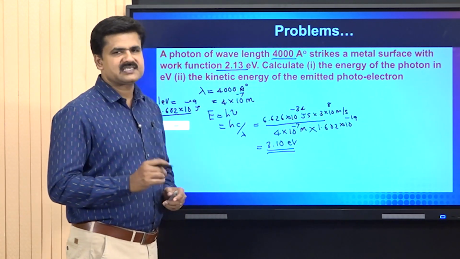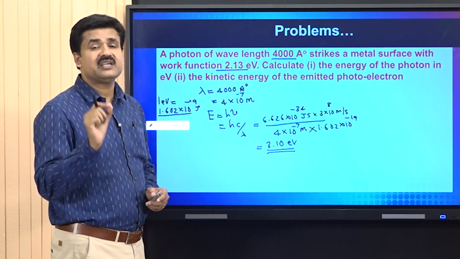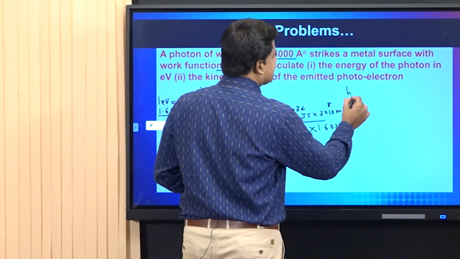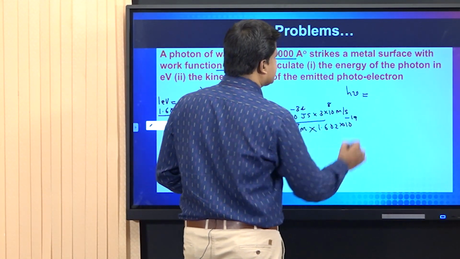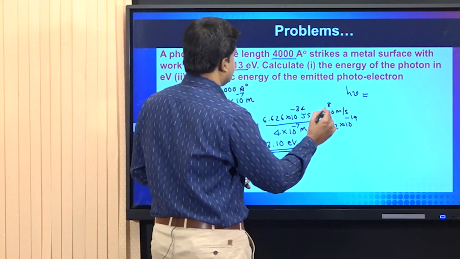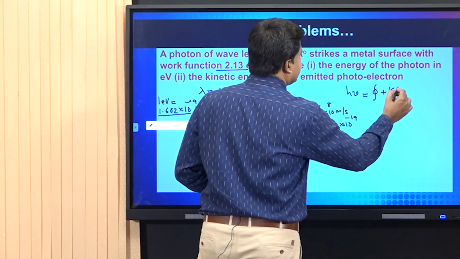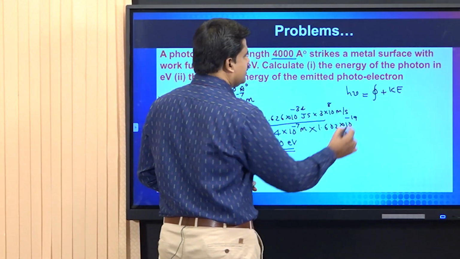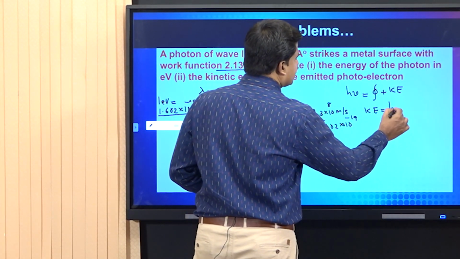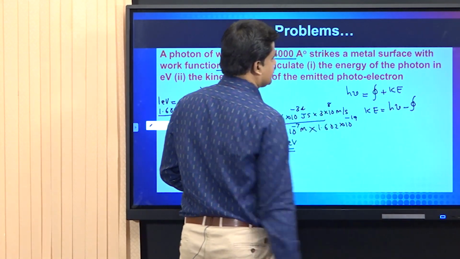For this purpose, we have to use Einstein's photoelectric equation. The equation is: total energy provided h nu is equal to work function phi plus kinetic energy, and kinetic energy is equal to total energy provided minus work function.